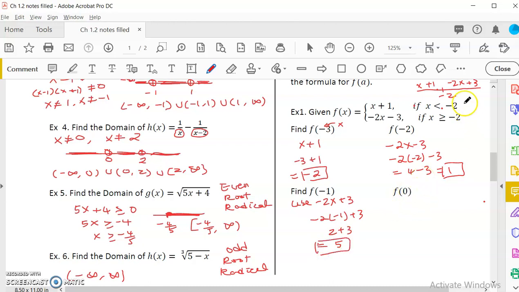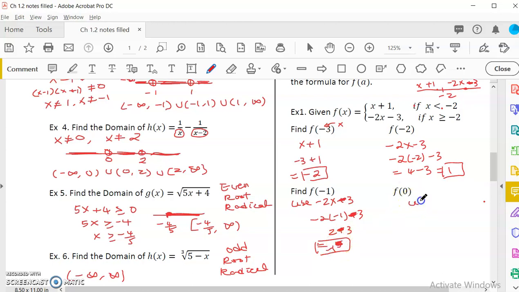What about f of 0? Look at the number line. 0 is also on this side, right? So it's covered by -2x minus 3. Oh no, it is not plus 3, it's minus 3. I made a mistake here. So it's 2 minus 3, which should be -1.